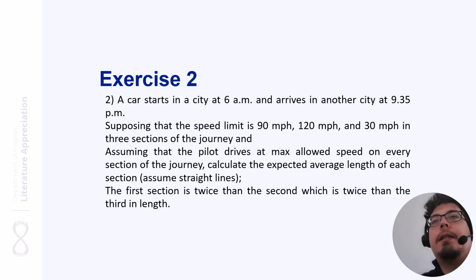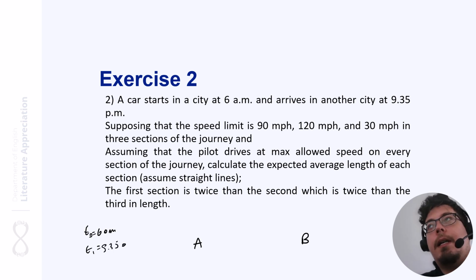We have a car traveling between 2 points, A and B. We have the time 0, which is 6 a.m., and then we have the time 1, the time of arrival, which is 9.35 a.m. So we know the total time, and then we know the speed at which it travels in each section.